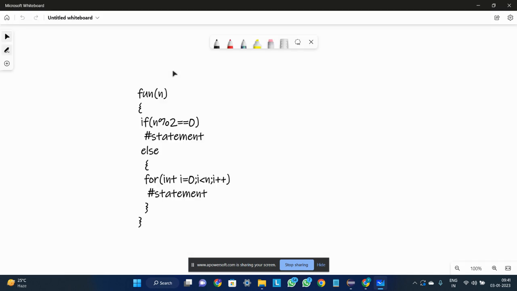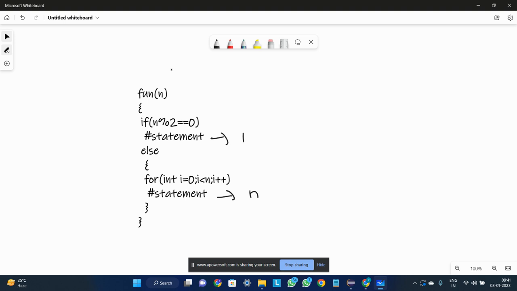If the input is even, the iteration is only one statement. If the input is odd, the iterations is n times. There will be n iterations.